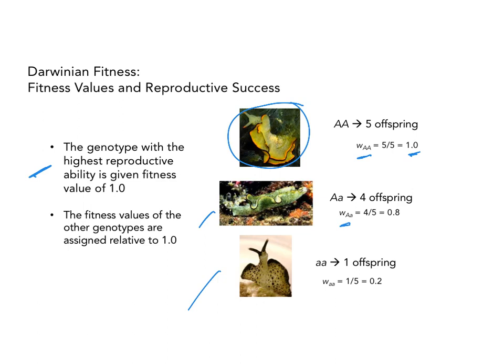For the heterozygote that has 4 offspring, we take 4 and divide it by 5. That gives us 0.8. And then finally for this one down here, we divide 1 by 5 to get 0.2. So that's a Darwinian fitness value for these genotypes, for these individuals exhibiting these phenotypes.